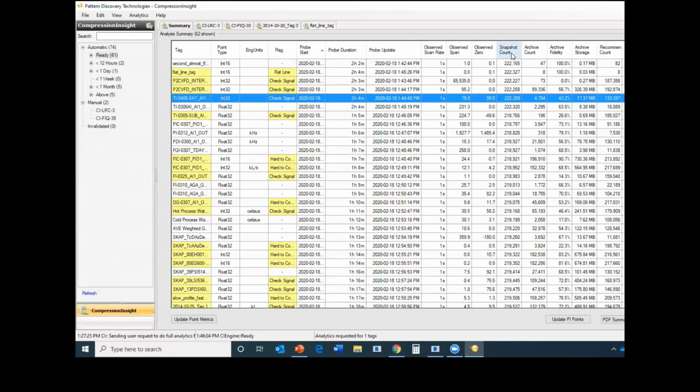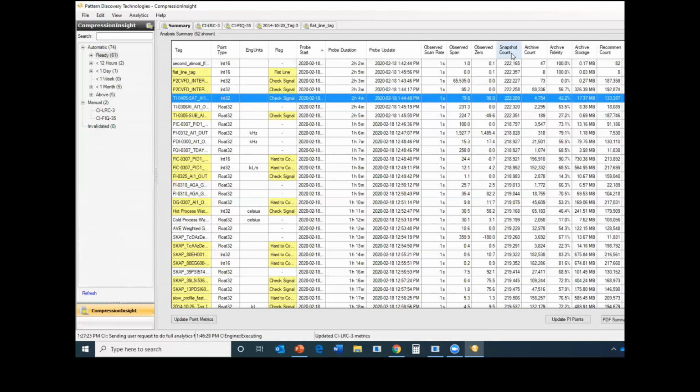But what happens when there's not enough snapshots being collected, for whatever reason? It points out two things. The first is that maybe this tag isn't worth compressing at all, because I'm simply not collecting sufficient numbers of snapshots to make it worthwhile compressing in the archive.